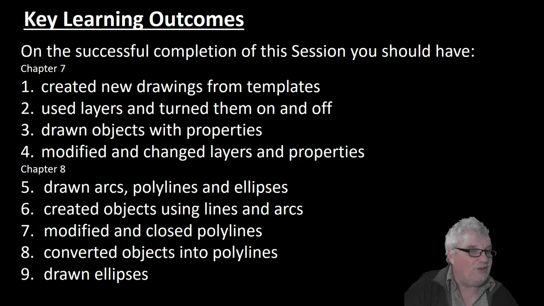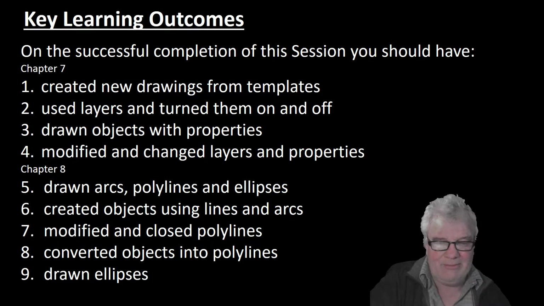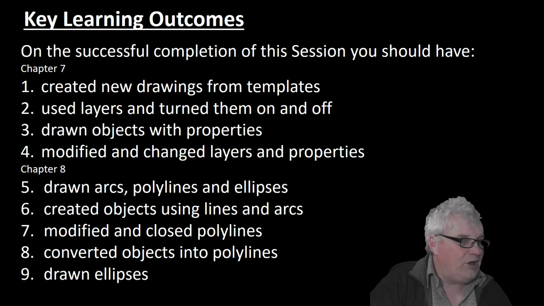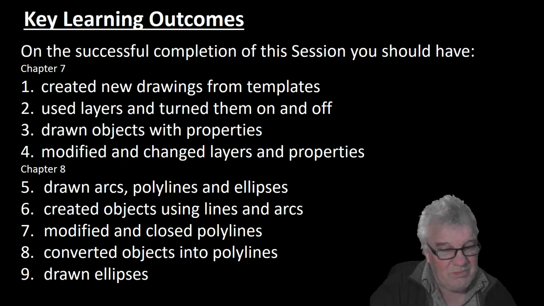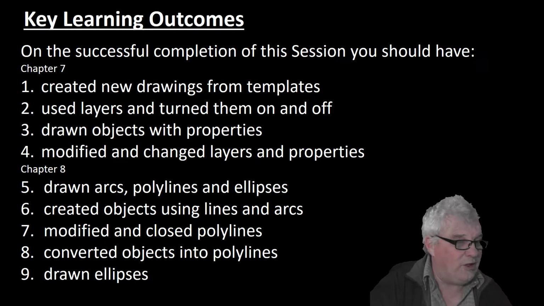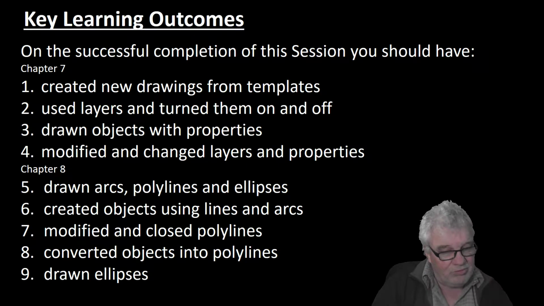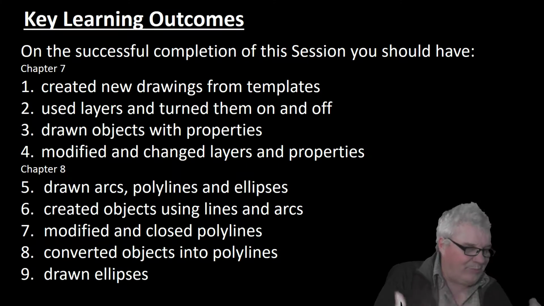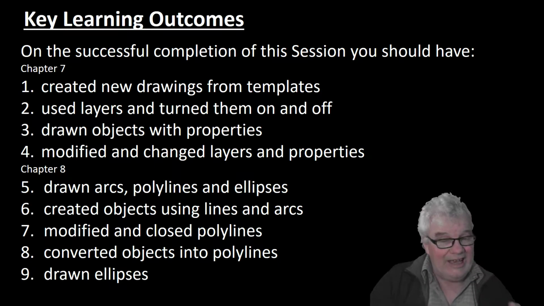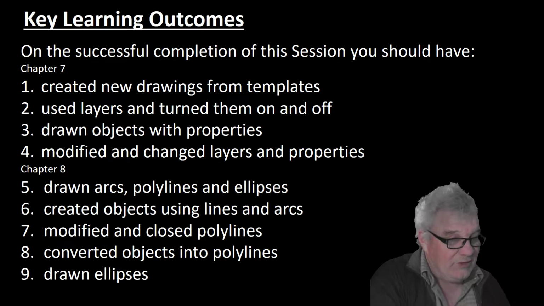All right, so now the next thing that we're going to be looking at is chapter 8. In chapter 8, we're going to start drawing some arcs, polylines, and ellipses, which are all basic stuff that 2D drawings are a series of arcs, polylines, ellipses, and lines, of course, which we've done already.